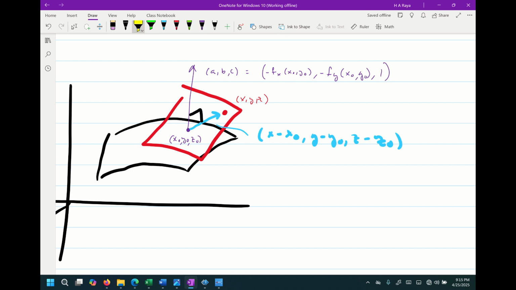So if I want a nice formula for this red plane, I can take the dot product of this vector in purple and this vector in blue, and because these make a 90-degree angle relative to each other, that dot product should be 0.